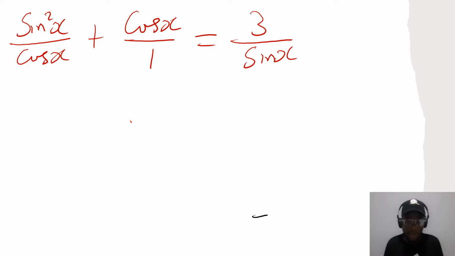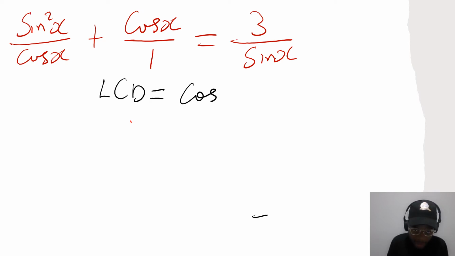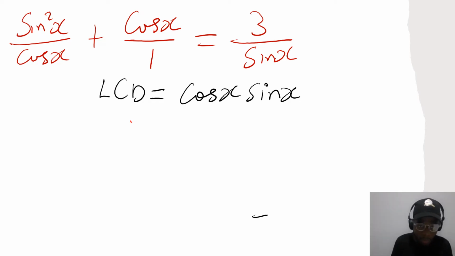Our LCD is cos x multiplied by sine x, right? So you multiply each term with this LCD. If you multiply the first term, cos x and cos x will divide each other. Sine squared x multiplied by sine x will give us sine cubed x, right?